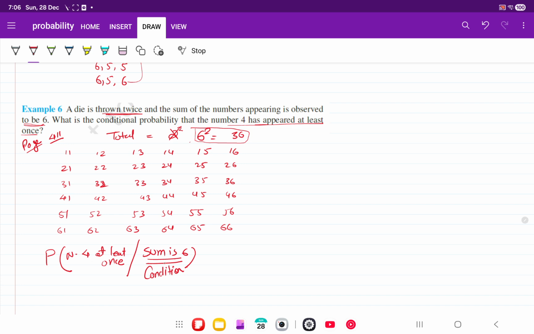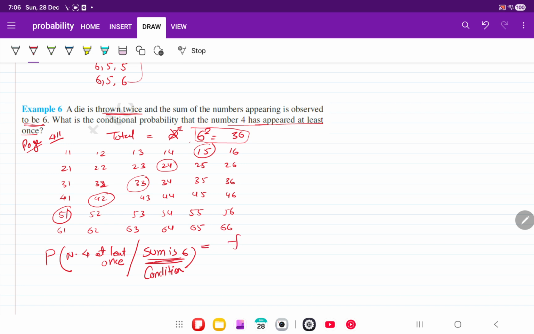If you apply the condition that the sum is 6, how many cases are there? The sum is 6 in these cases: 2 4, 4 2, 3 3, 5 1 or 1 5. These are the only cases after condition, correct?